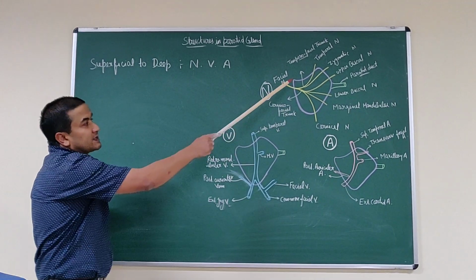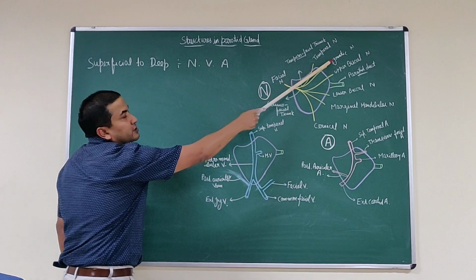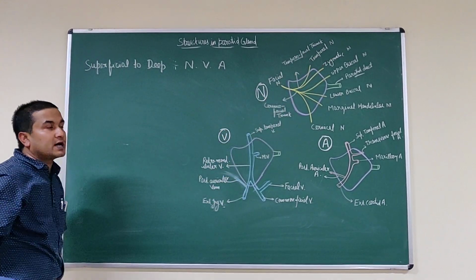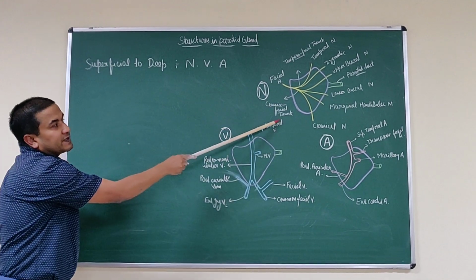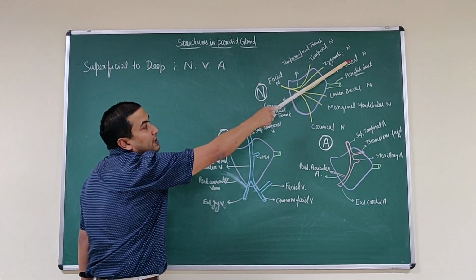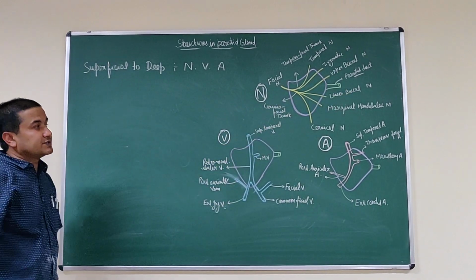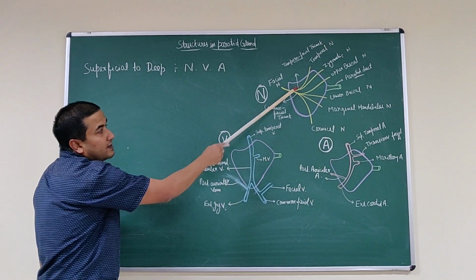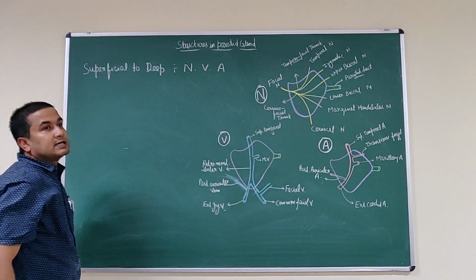Now, this upper trunk divides into two branches, that is the temporal branch and the zygomatic branch. While this cervicofacial trunk, the lower trunk, divides into the upper buccal and the lower buccal branch, then the marginal mandibular nerve, and the last is the cervical branch.